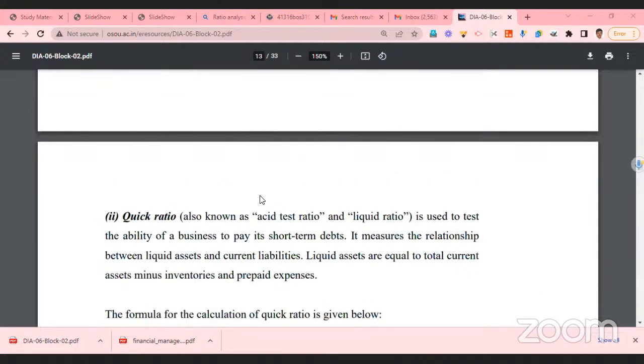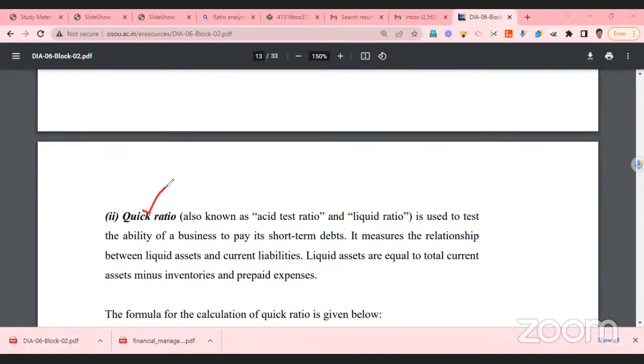After this current ratio, the second ratio is the quick ratio. In current assets, not all assets can be converted into liquid form without losing value. It is very difficult. So out of the current assets, some items are not considered when calculating this quick ratio.